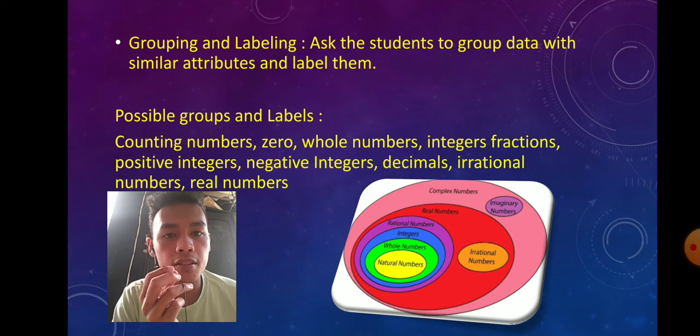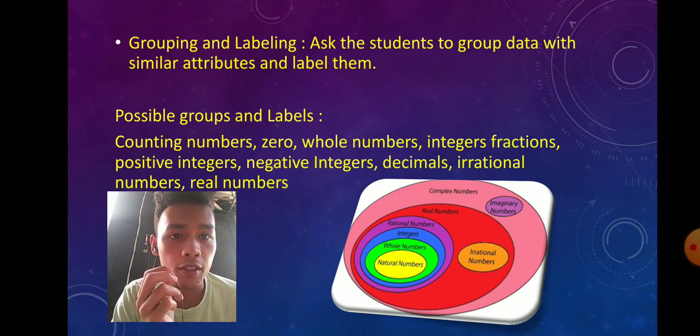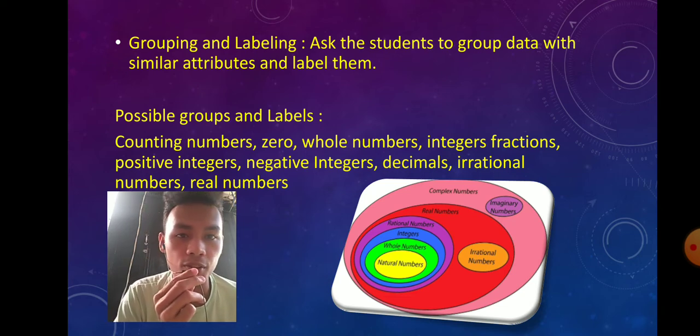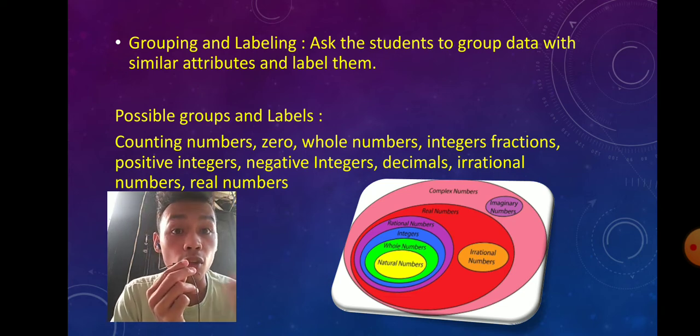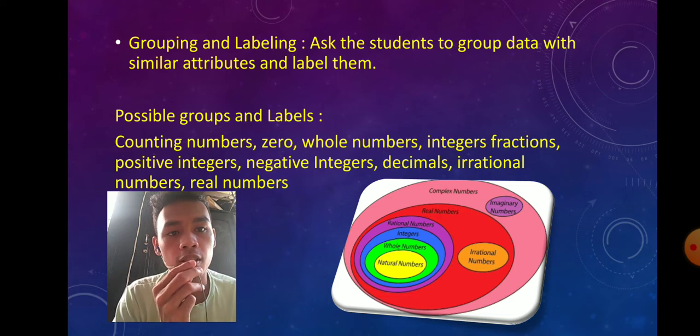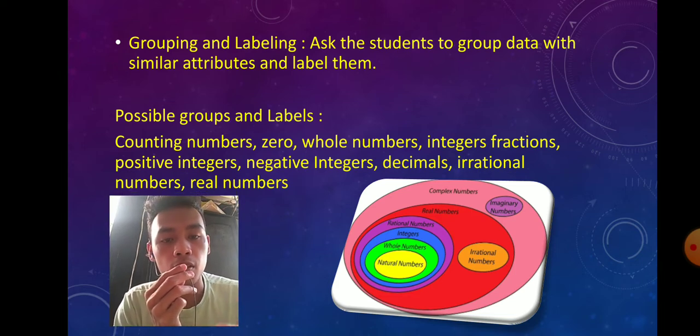Then possible groups and labels. For example, we have counting numbers, zero, whole numbers, integers, fractions, positive integers, and many more, and complex numbers, which I never mentioned.